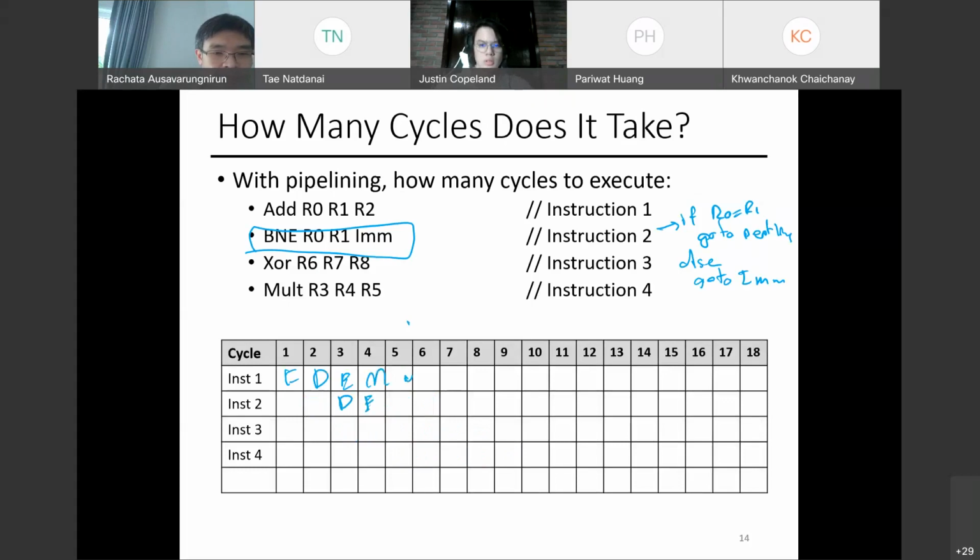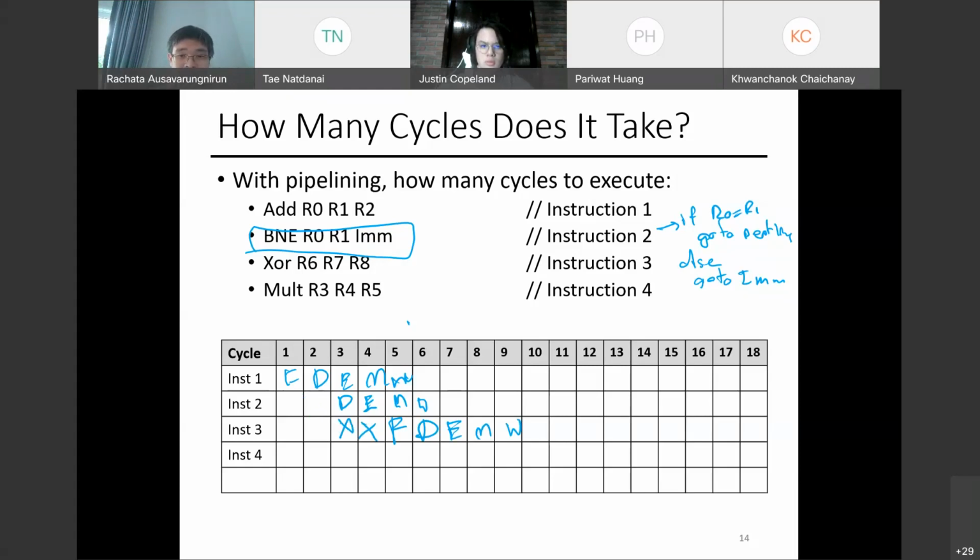Because you are stalling, I'm not going to even start until I finish the execute. So I do fetch, then I need to finish execute, so fetch, decode, execute, memory, and write back. You're not doing any useful work in those two cycles, so you insert two no-ops. Basically, I'm not doing anything in these two cycles.